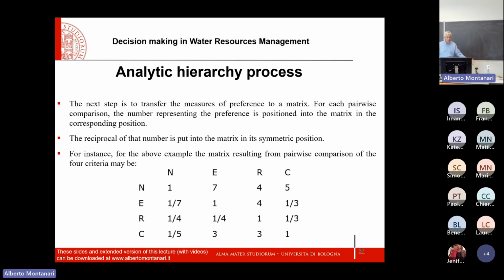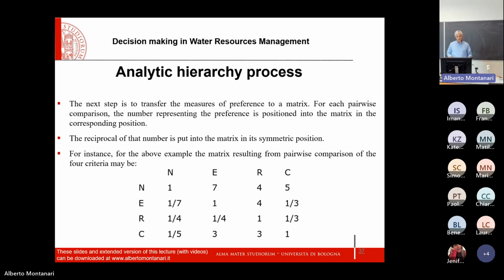Let's suppose that you get this. If you compare net benefit with net benefit, of course, they have the same importance. It's the same criterion. So on the diagonal, you have a list of ones. It's not a diagonal matrix; it's a matrix with ones, units, on the diagonal.